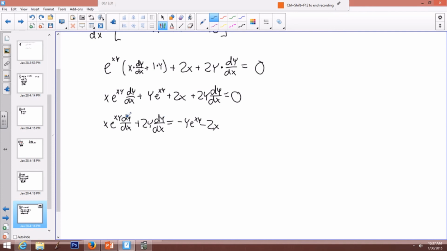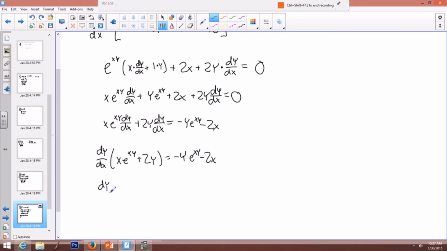From the left-hand side here, I'm going to factor out a dy over dx. So I have dy over dx times the quantity x e to the xy plus 2y, and that's still going to be equal to this quantity, negative y e to the xy minus 2x. Then I'm going to divide both sides by this expression on the left.